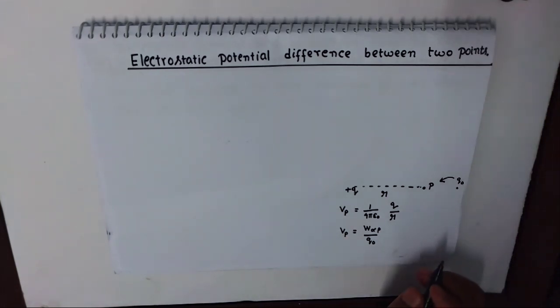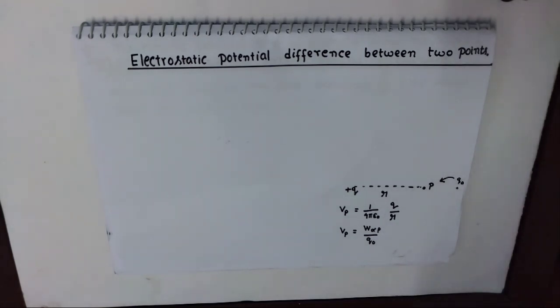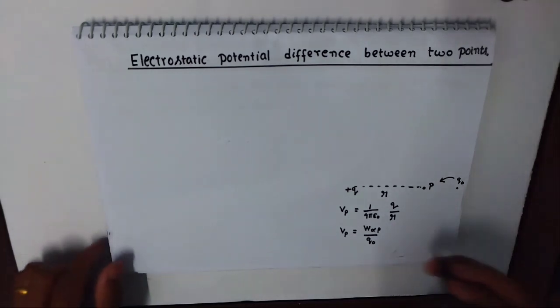So now we want to find the electrostatic potential difference between 2 points.